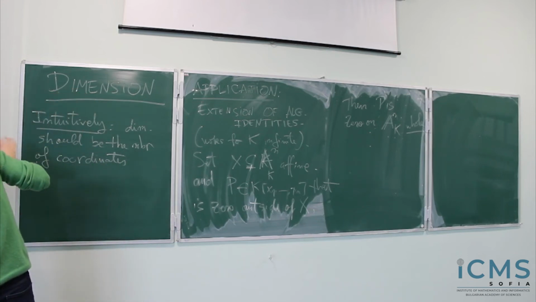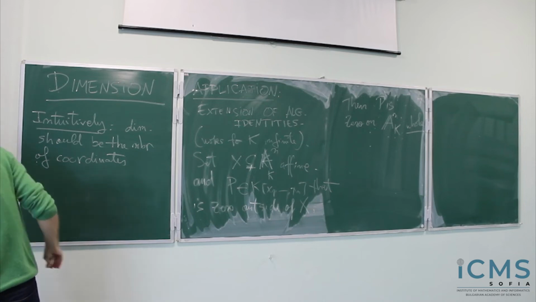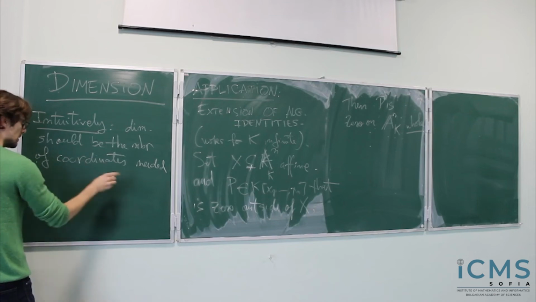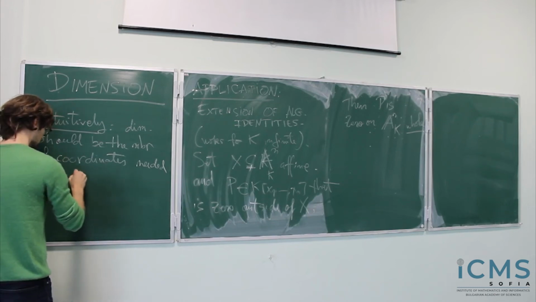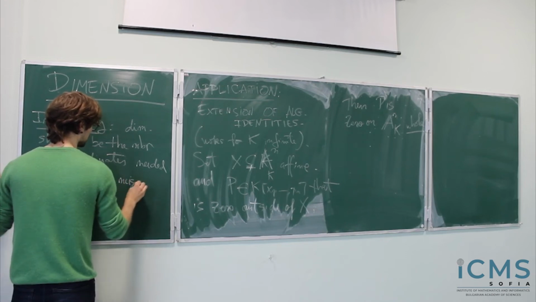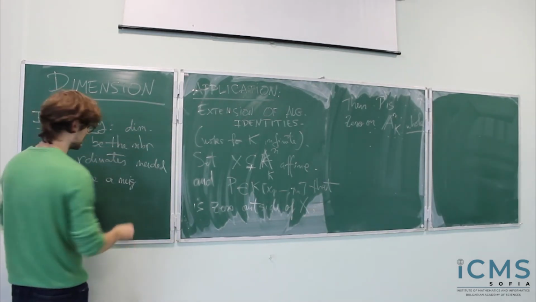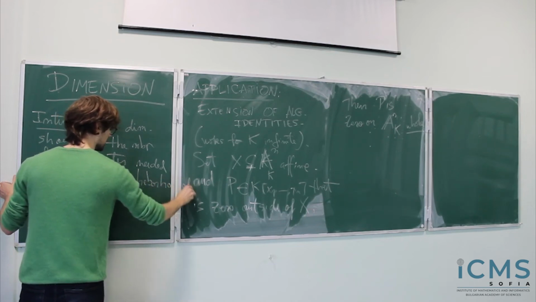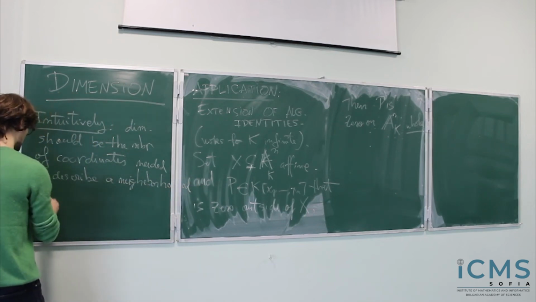Well, the minimal number of coordinates, of course, needed to describe a neighborhood of a point locally on this space. Neighborhood of a point.